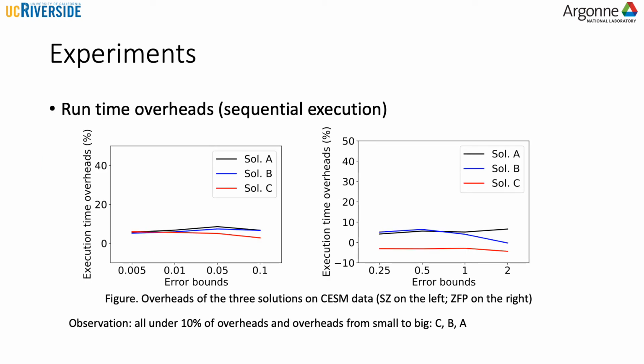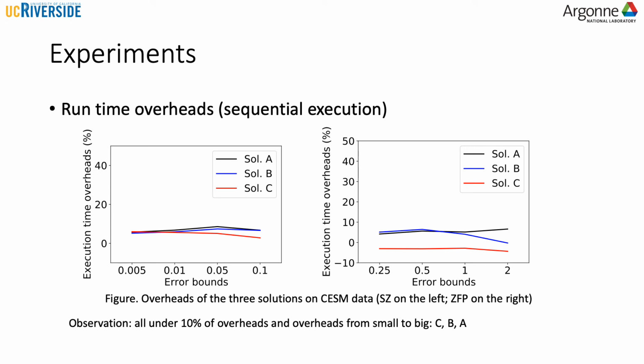We first evaluate the runtime overhead of our proposed solutions in sequential execution with single thread. The figure shows the performance overhead with different error bounds on the CSM data. The left figure is using SZ compressor, and the right one is using ZFP compressor.